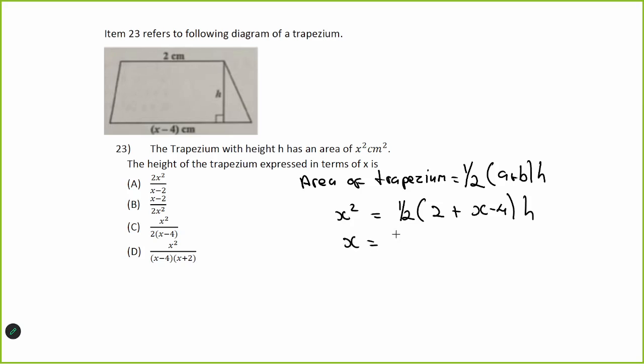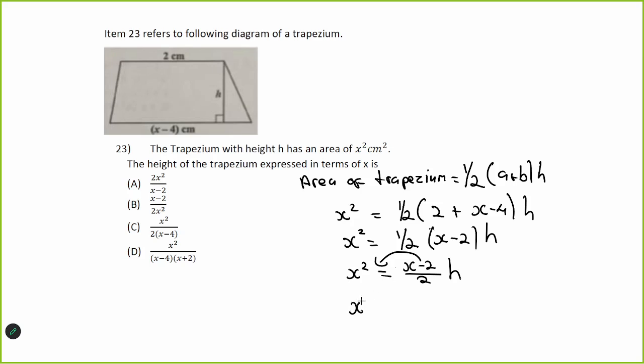Thus x squared is equal to a half by x minus 2. If we group it together, you'll get minus 4 plus 2, which is minus 2. Right? Then, if I multiply this, it's going to be x squared is equal to x minus 2 over 2 by h. If I carry this multiply across, it's going to be divide. Yeah.